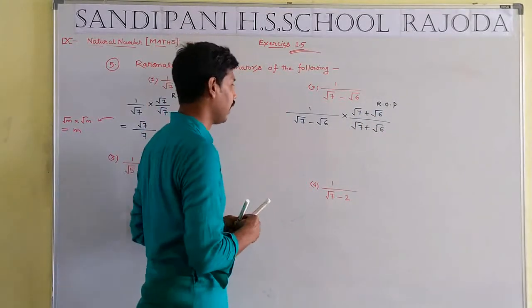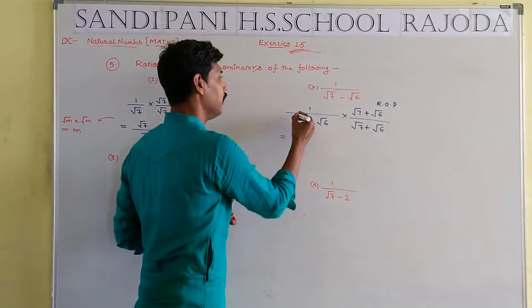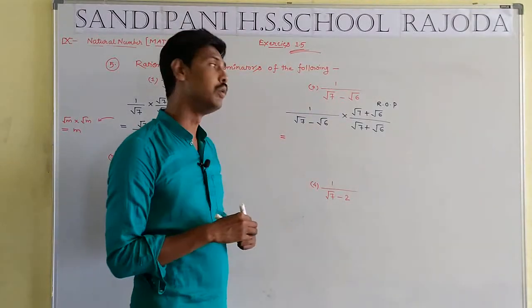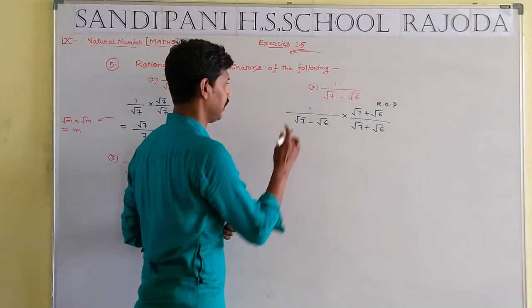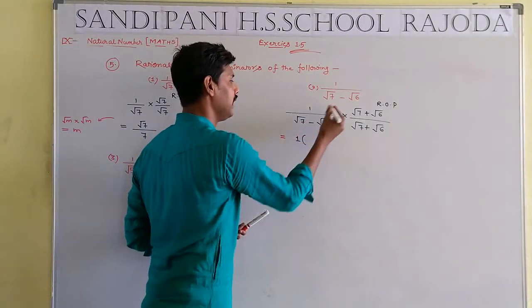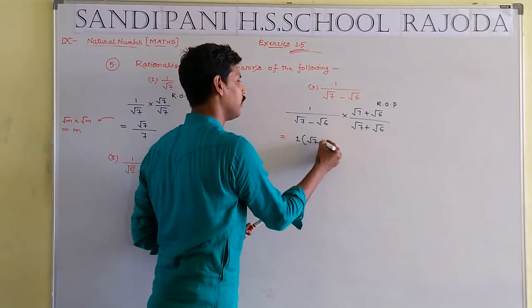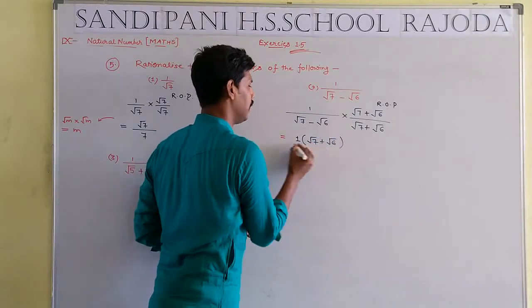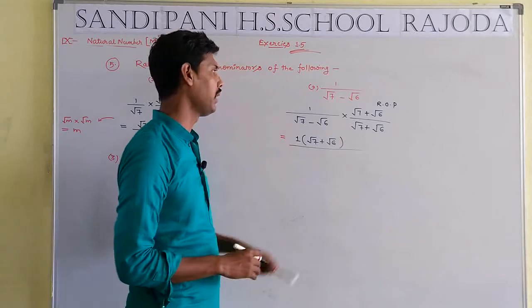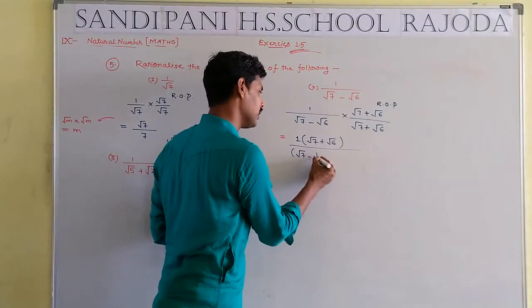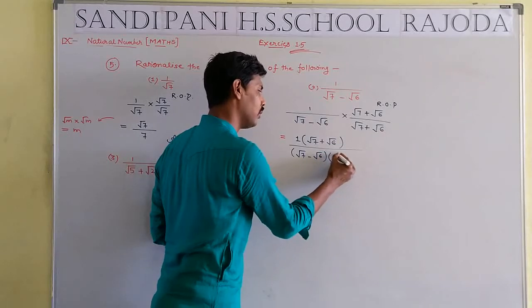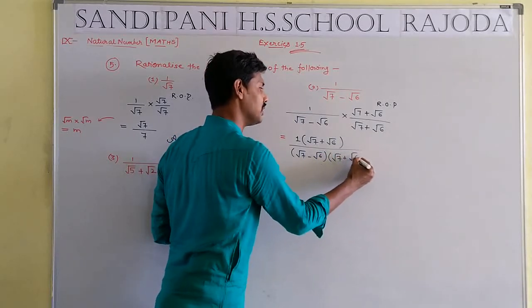Students, what happened? Numerator will be multiplied by numerator and denominator will be multiplied by denominator. So 1 multiplied by root 7 plus root 6. But in the case of the denominator, root 7 minus root 6 multiplied by root 7 plus root 6.